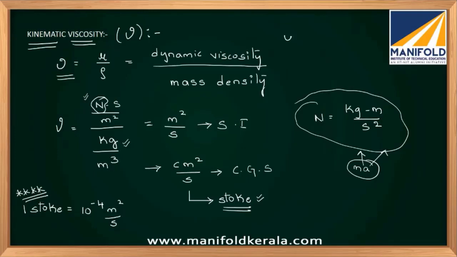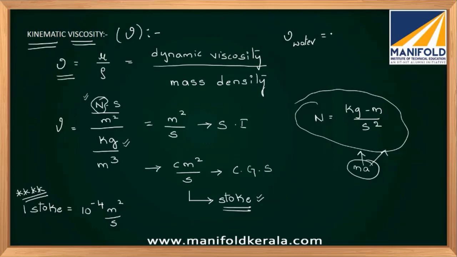So from this, can anyone tell me what is the kinematic viscosity of water? Dynamic viscosity of water is how much? Dynamic viscosity of water is 1 centipoise, and density of water is 1000. So combined, what will be the kinematic viscosity of water?